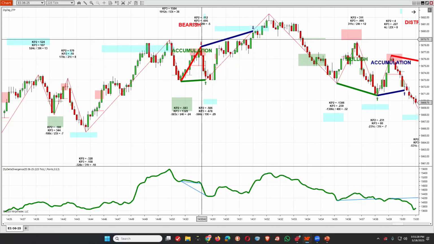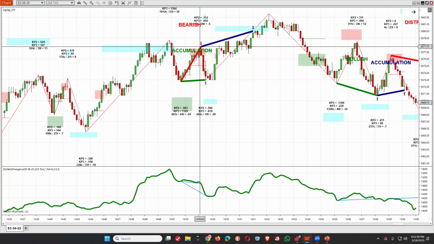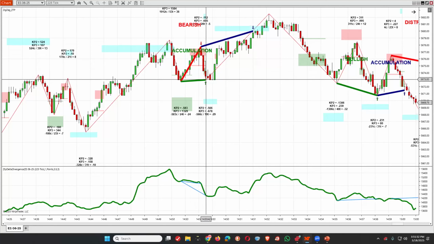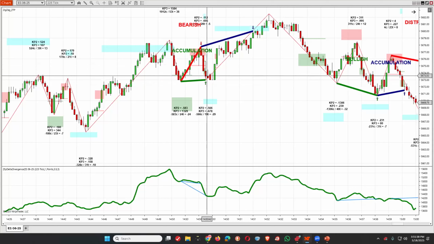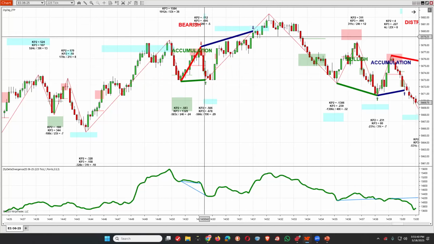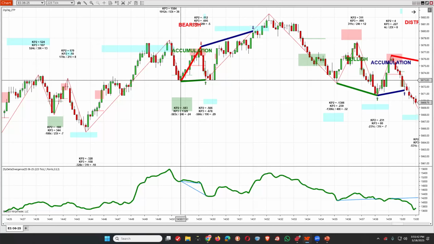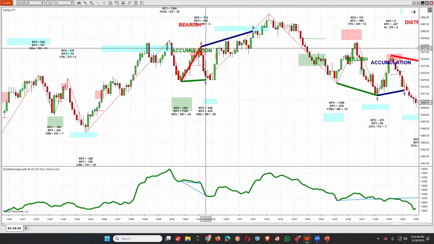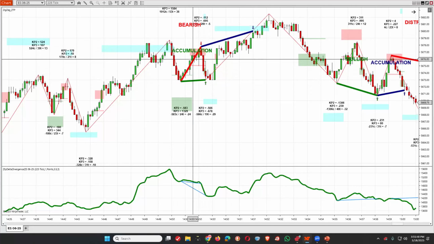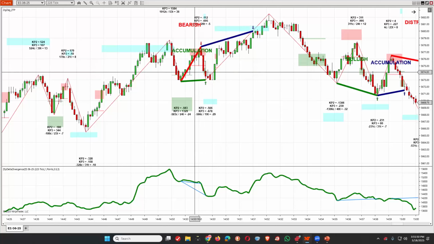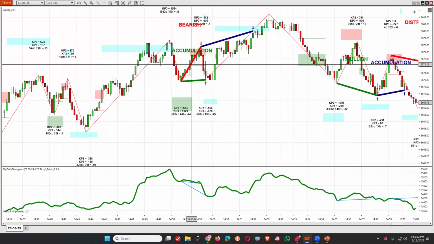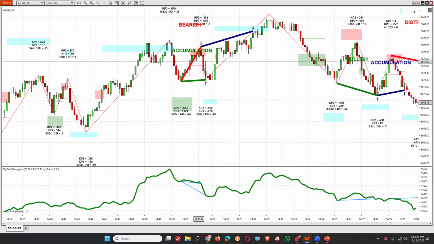So that's why we get this no demand right here. And then as we came down, we have accumulation divergence as a buy signal. So these are basically the two symbols in about a 1 minute time that I would be looking to trade. But of course, without knowing what the tick was or anything like that.